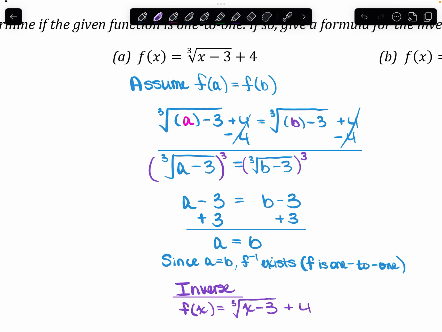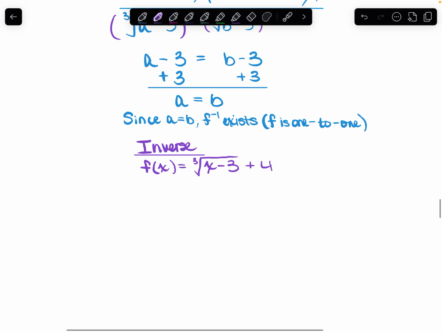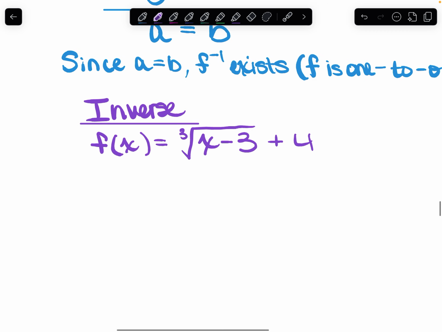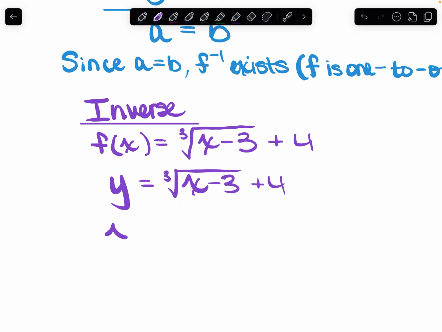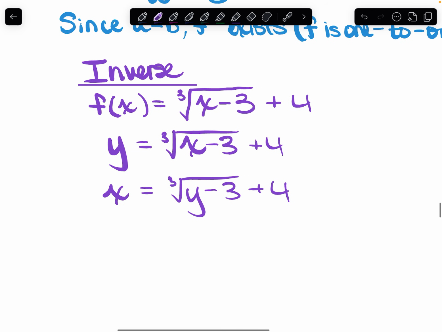So x minus 3 cube root plus 4. Okay. All right, so now to find the inverse, same as before. Get rid of the fancy. Switch them. Resolve. So now we're going to solve for y. So I've got to move the 4 over.